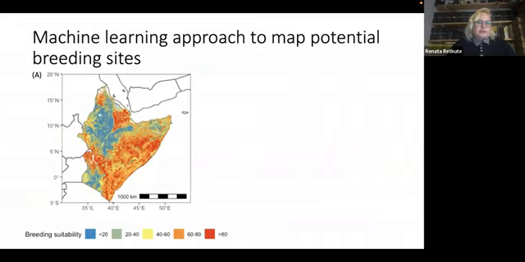First of all, it is important to understand where there are potential breeding areas. For this, we use a machine learning approach with just static covariates: percentage of clay, percentage of sand at 10 centimeters, and elevation.